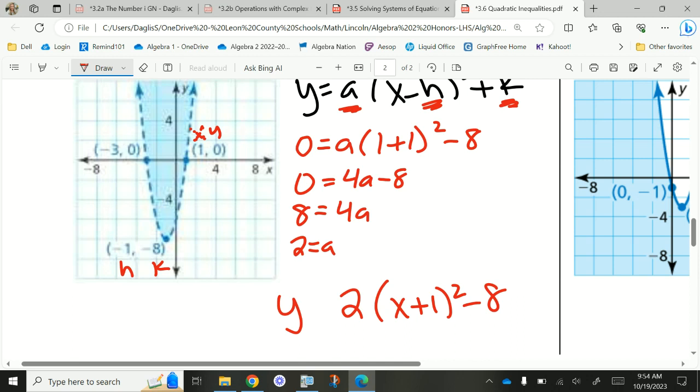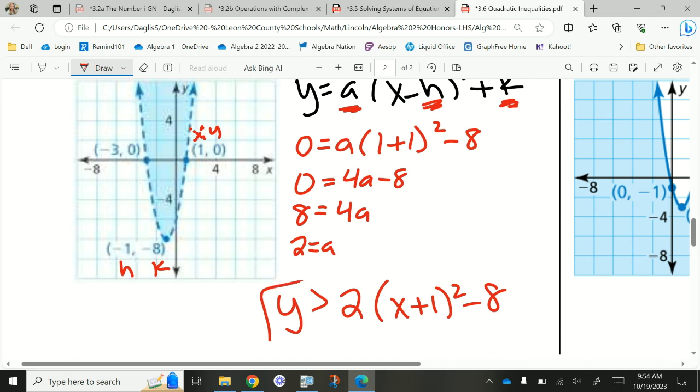Did it get shaded above or below the vertex? Above. So is that going to be greater than or less than? Greater than. And is this parabola dashed or solid? It's dashed. So do I need to add something to my symbol or am I good? We're good.